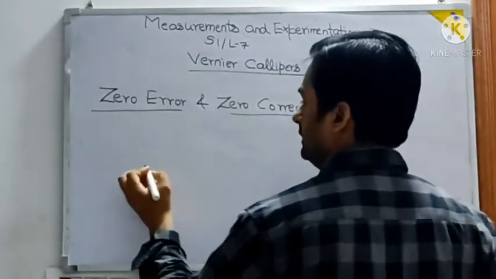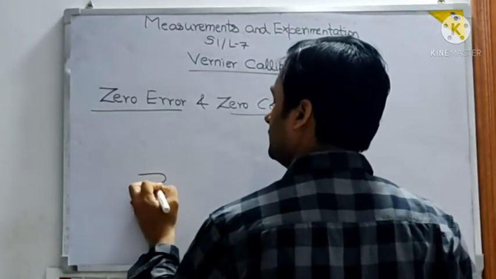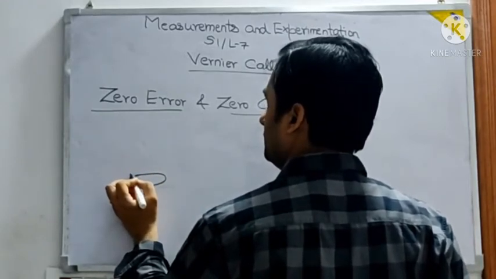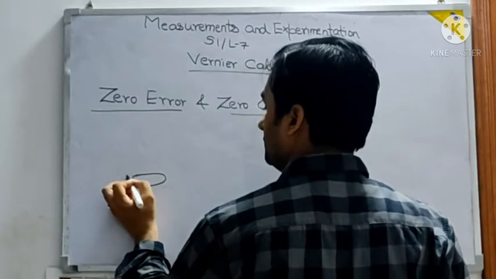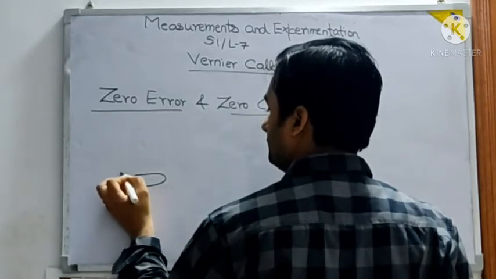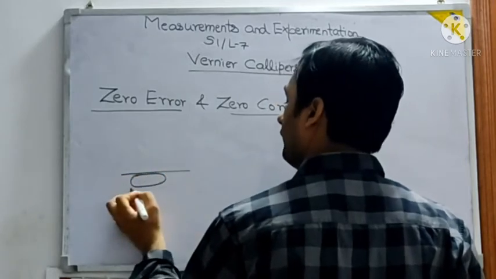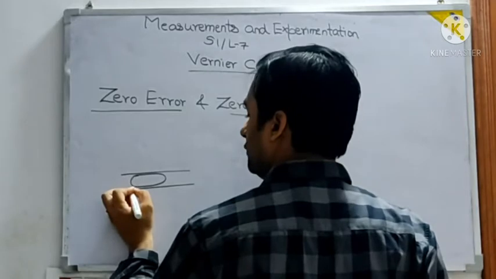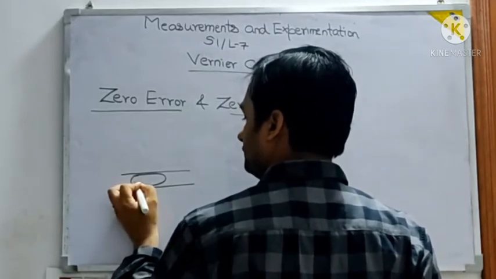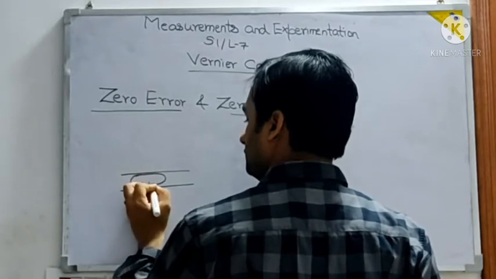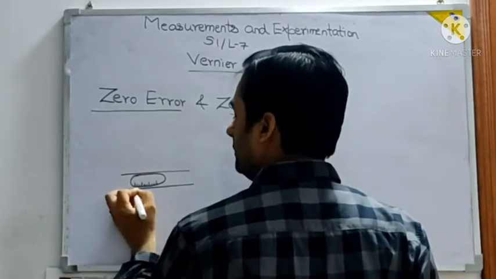That means this is the vernier scale. Okay. These slides were the main scale. Okay. Main scale also will have some units. Ten divisions will be here.